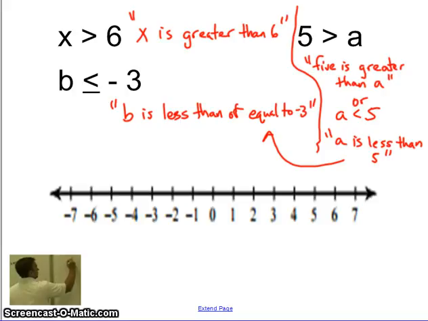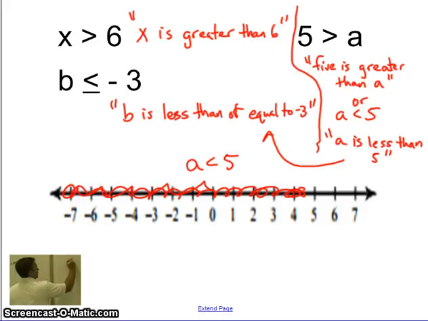Now what we're going to do in this lesson is talk about inequalities, but we're also going to learn how to graph them. For instance, if we were to look at A is less than or equal to 5, that means that A has to be any number on our number line here.